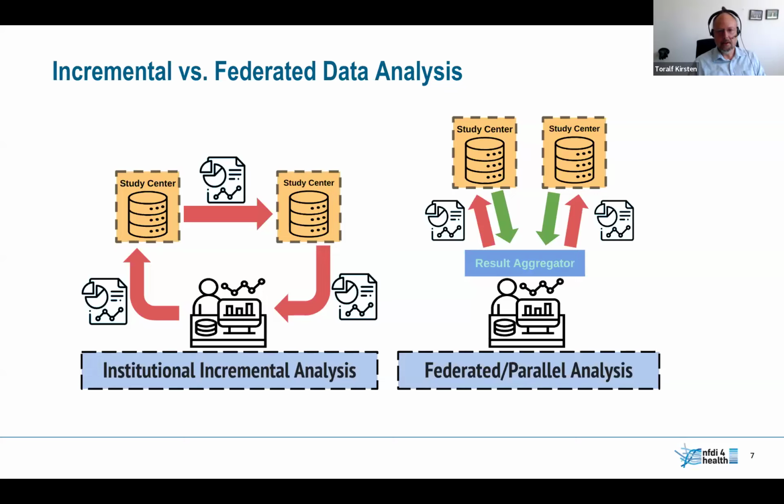Incremental means there is a sequential way in which the study centers are met by the analysis, and you can push your analysis to study center A, and then you create a model or a frequency table or whatever you want, and then these intermediate results are available to study center B using the same algorithm, but using a different data portion, the data portion of study center B, and then you can update your model or your frequency table, and the final table or final model is then made available to the researcher.